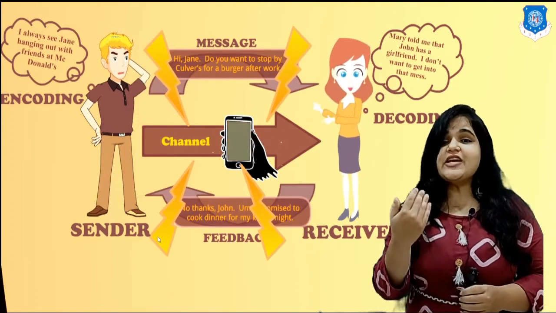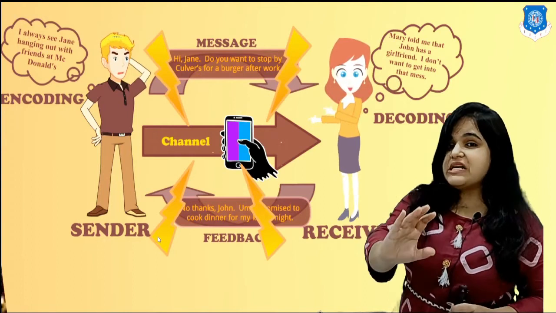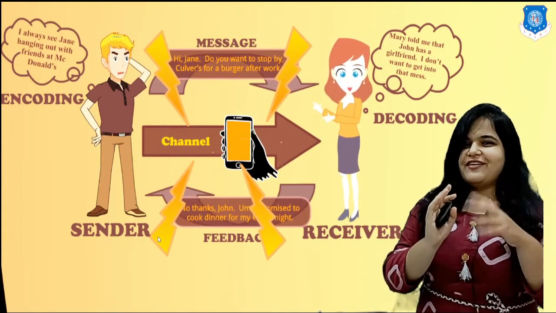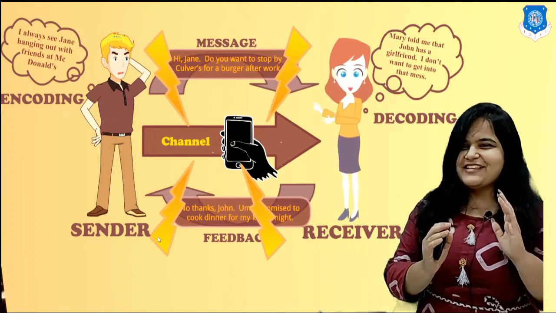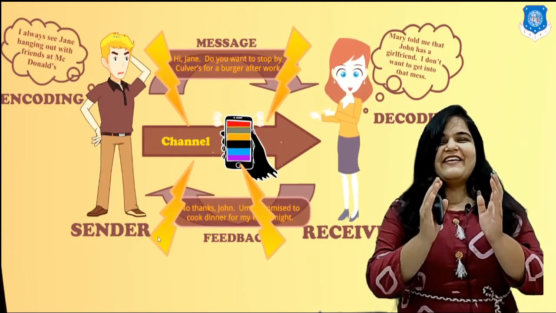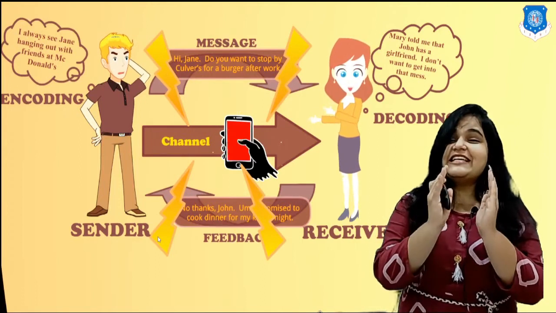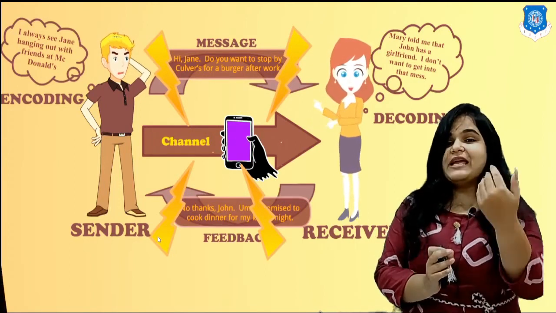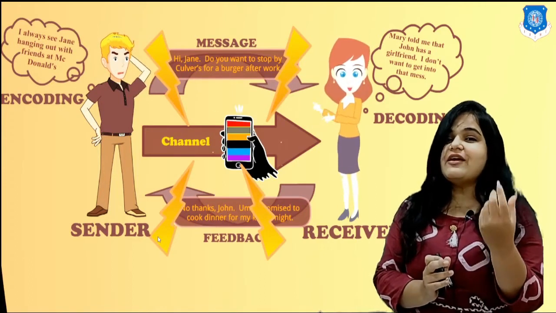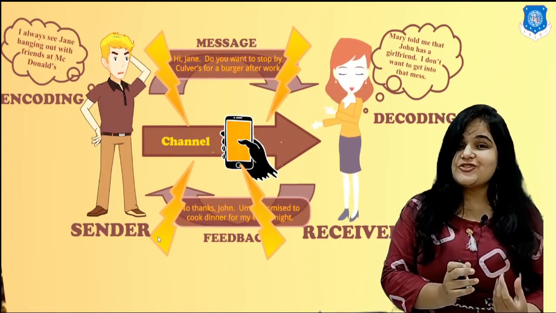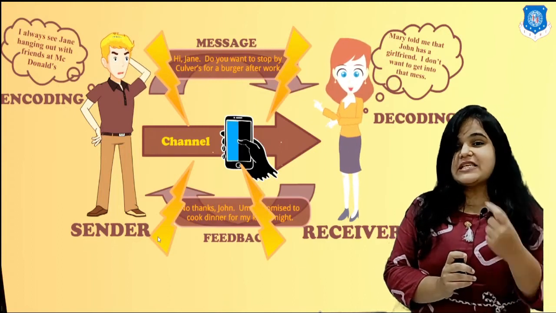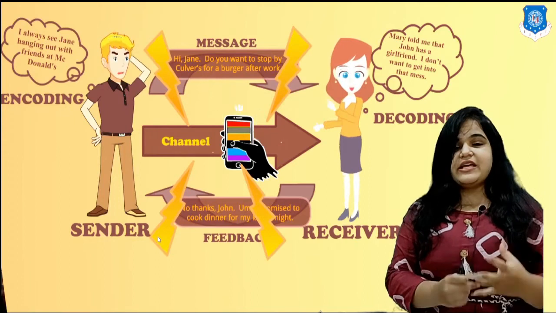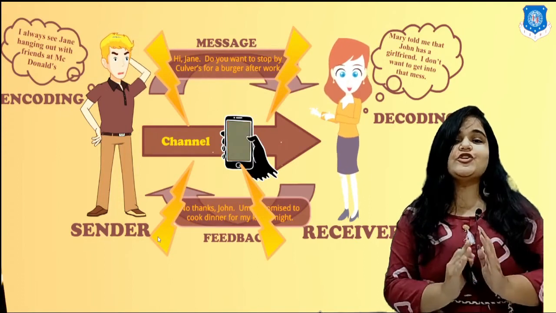If your message itself is faulty, if your grammar is incorrect, then even if the receiver, sorry, in my mind receivers are only students, nobody else can receive, even if the receivers receive your message very perfectly, very clearly, they will not be able to understand the message if there is a fault or problem in the message itself. This kind of noise is known as semantic noise. Semantic noise is the noise due to errors in the message itself.